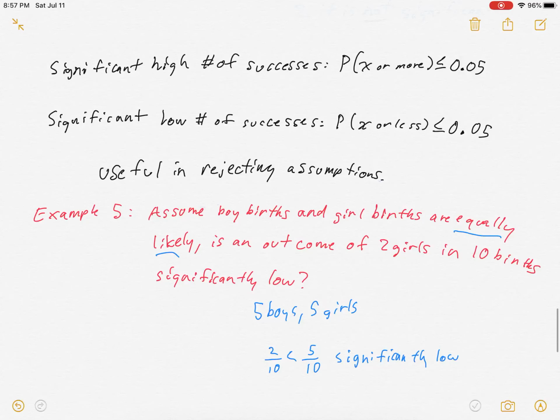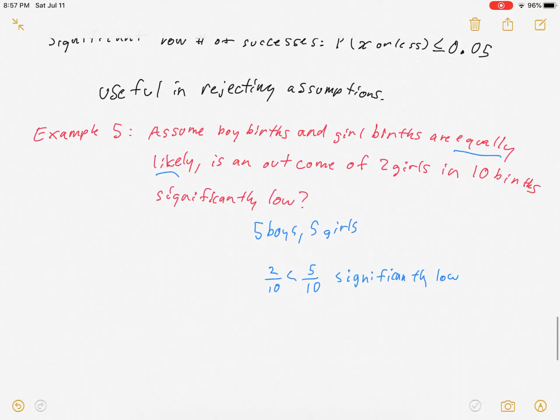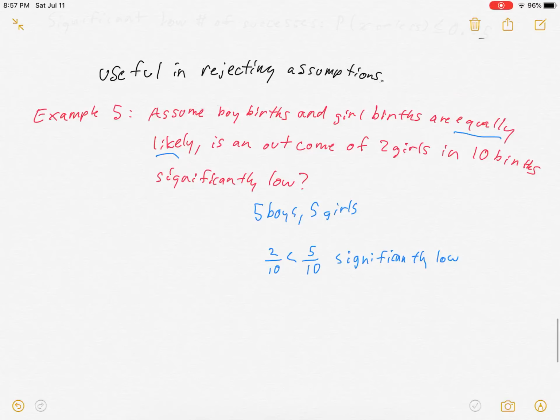And now I'm going to go over this last section a little bit here. A significantly high number of successes basically means that if the probability of x or more is less than or equal to 0.05, then it's significantly high. If the probability of x or less is less than 0.05, then it's significantly low. This is really useful for rejecting assumptions, so let's do the last one here.